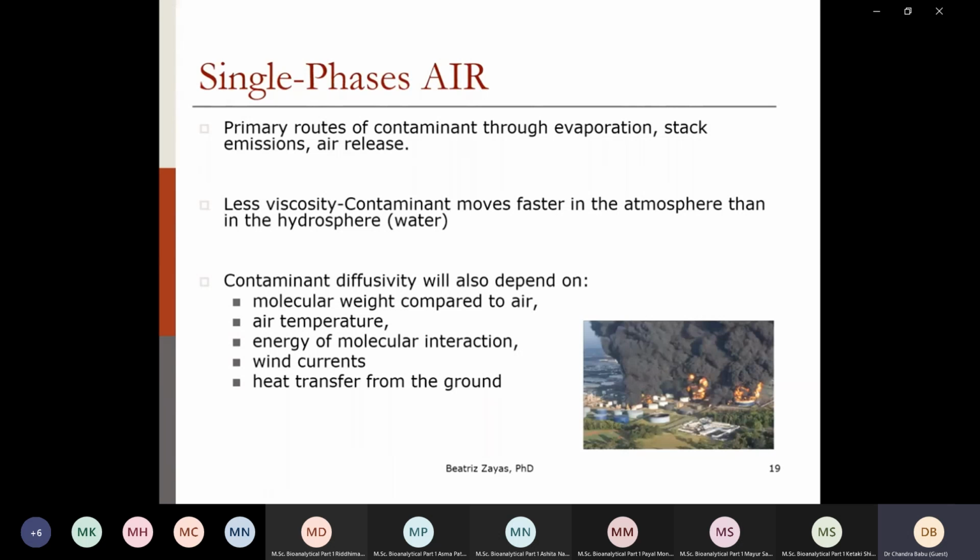Still, the viscosity will be less than in water. Besides that, there are other variables that will interfere with how these contaminants are diffused through the air, such as molecular weight compared to the air, the temperature, the energy of the molecular interactions, the wind currents, and of course, the heat transfer from the ground. So perhaps closer to Earth, you will have the effects of what's happening in that area.